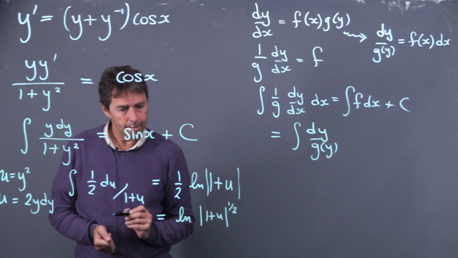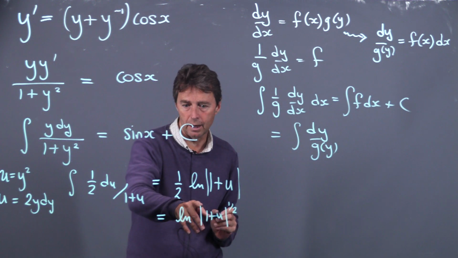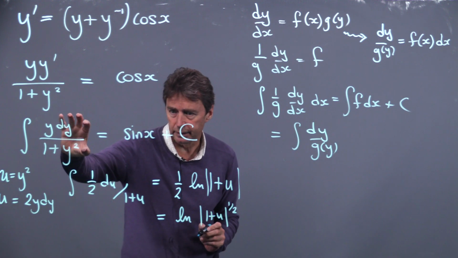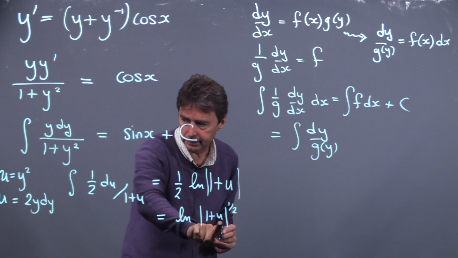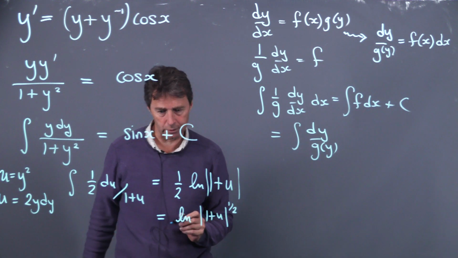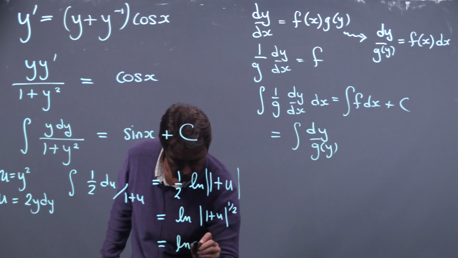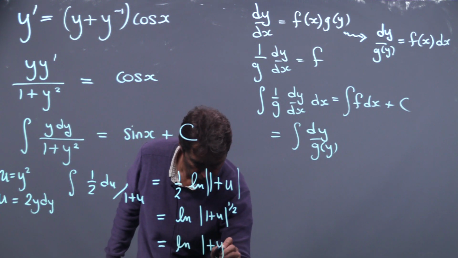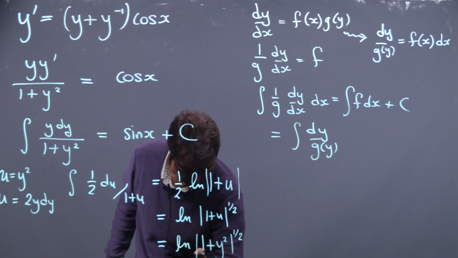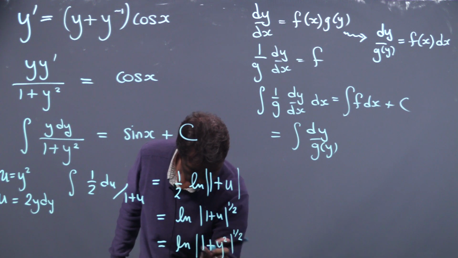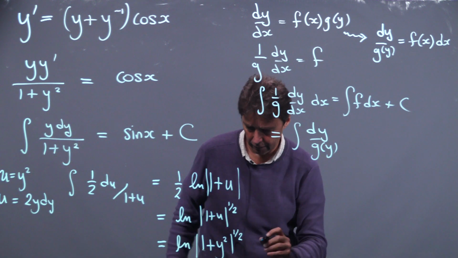That's convenient because what I need to do at the end of the day is remember that this equals that. So I want to undo the logarithm and ultimately solve for u, or conversely y squared. Let's just put the y squared back in. Okay, so that is the left-hand side integral.